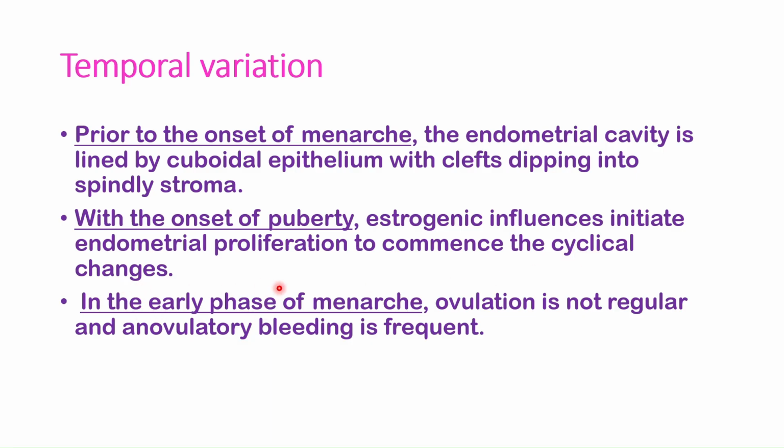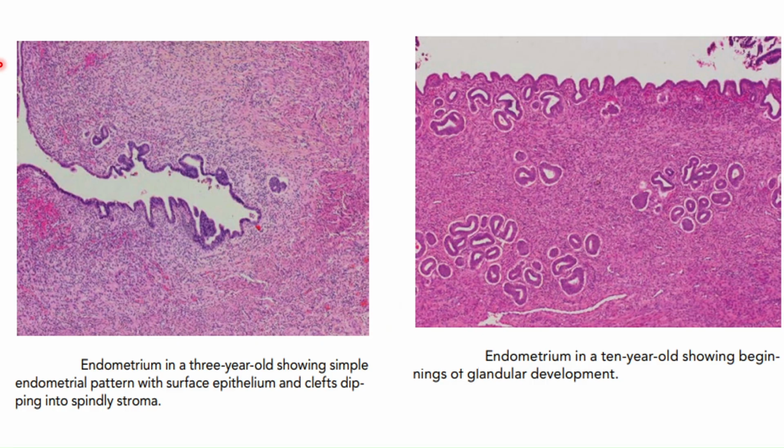In the early phase of menarche, ovulation is not regular and usually anovulatory bleeding is frequent. In a newborn child, sometimes proliferative activity is seen. This is due to maternal hormonal effect.